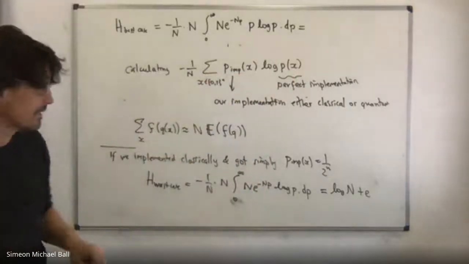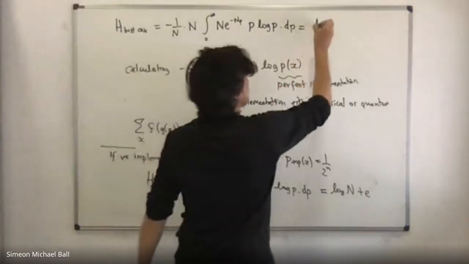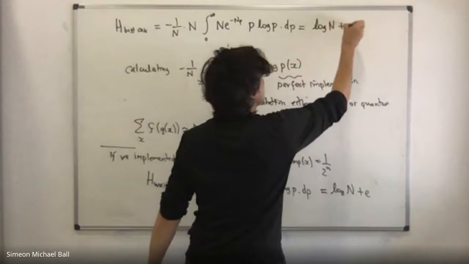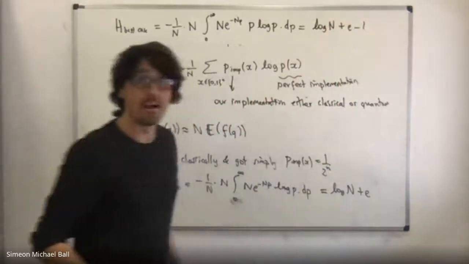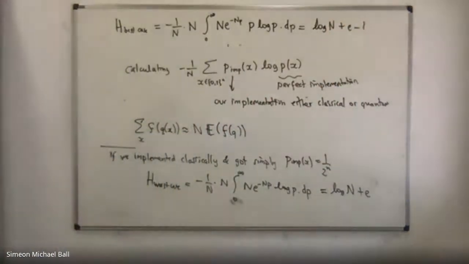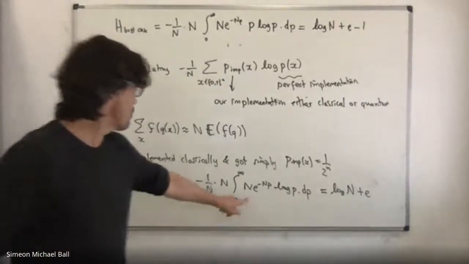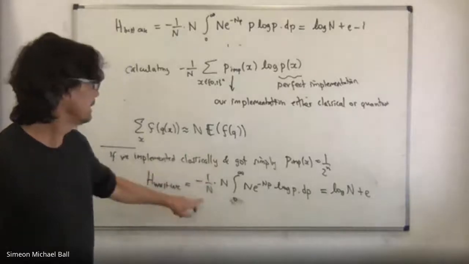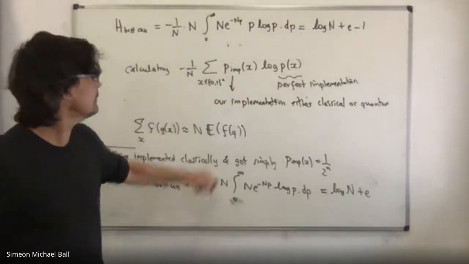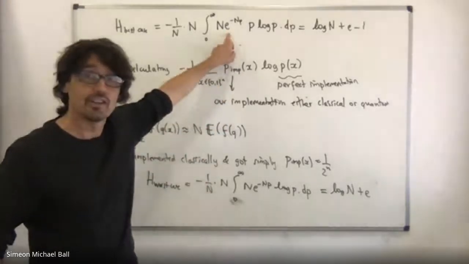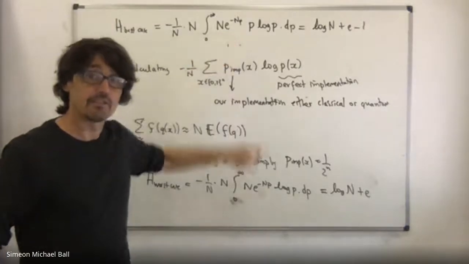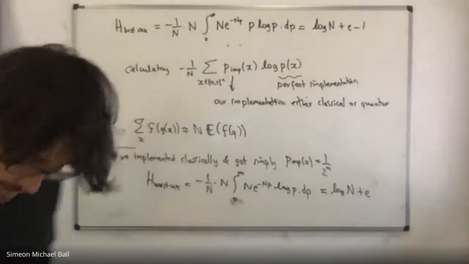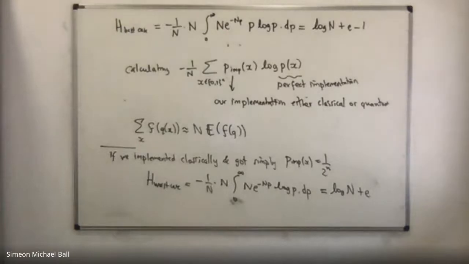And if you do this, then you get log n plus e minus 1. So now we can compare the really bad implementation where we just get probabilities 1 divided by n, and the perfect implementation. And they're different. So what we do is we implement and we compare.